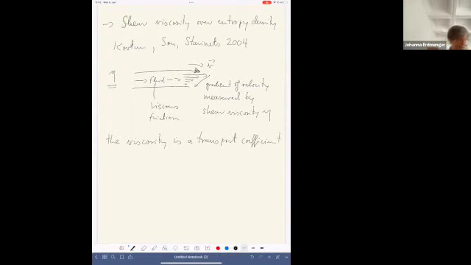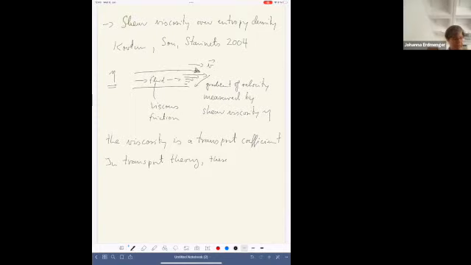Okay, and there's a standard way, in transport theory, so it's much more general than ADS-CFT.